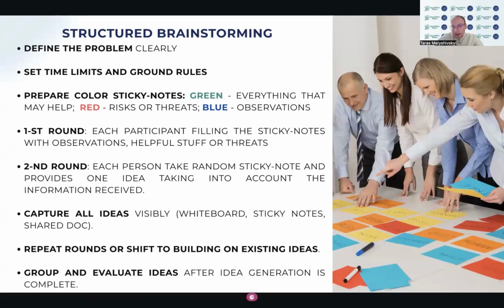After you have filled in the green, red, and blue sticky notes, you start the second round of brainstorming. Each person takes a random sticky note, which has been shuffled before, and provides one idea taking into account the information received. For example, I choose a red note, I read it to the team and create an idea for how the information I have can help me solve the problem.